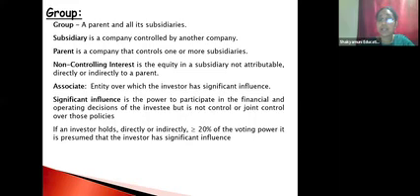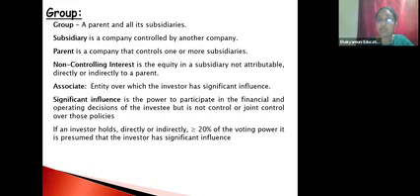For example, earlier I told you company A held 80%. Now take the example where company A holds 30% shares in company B, and the remaining 70% is held by company C. Company C is the parent company.